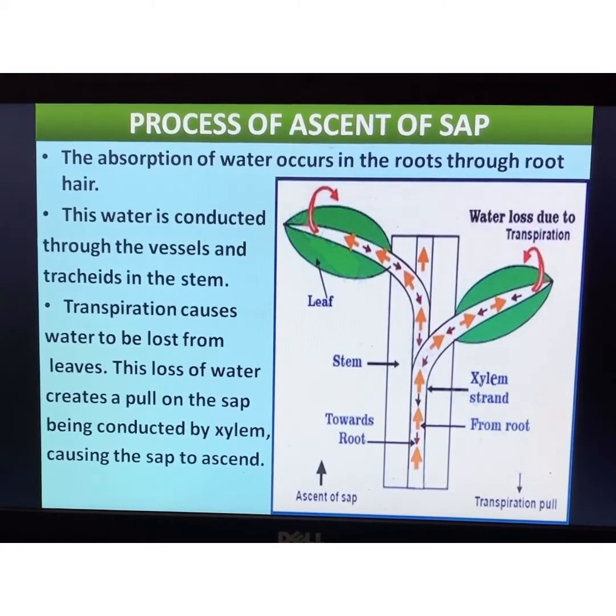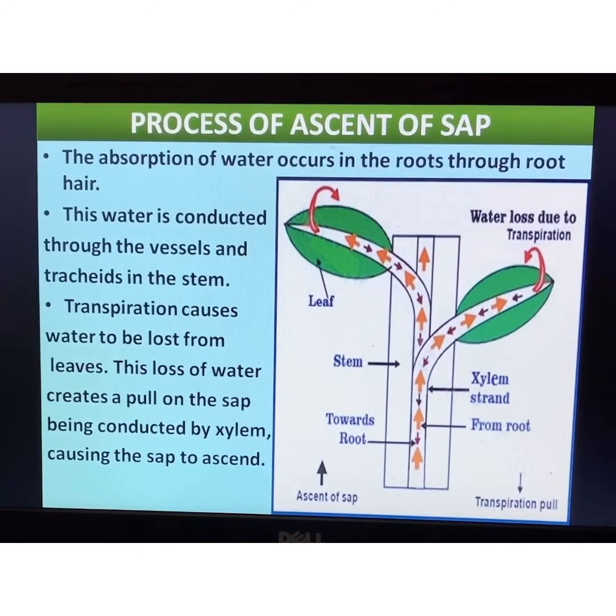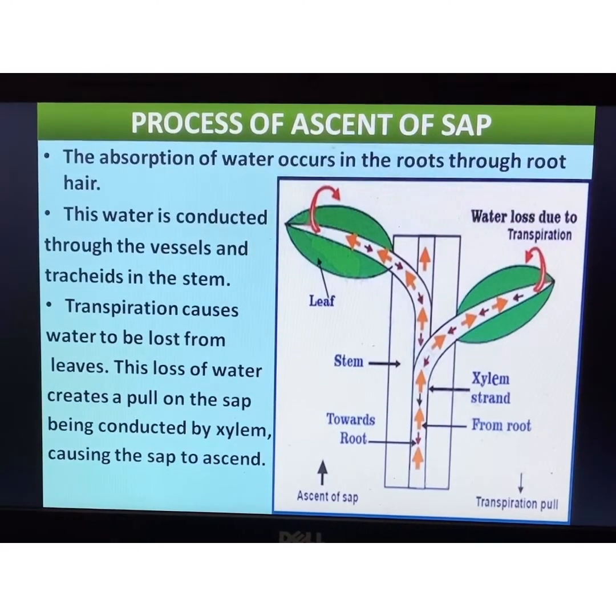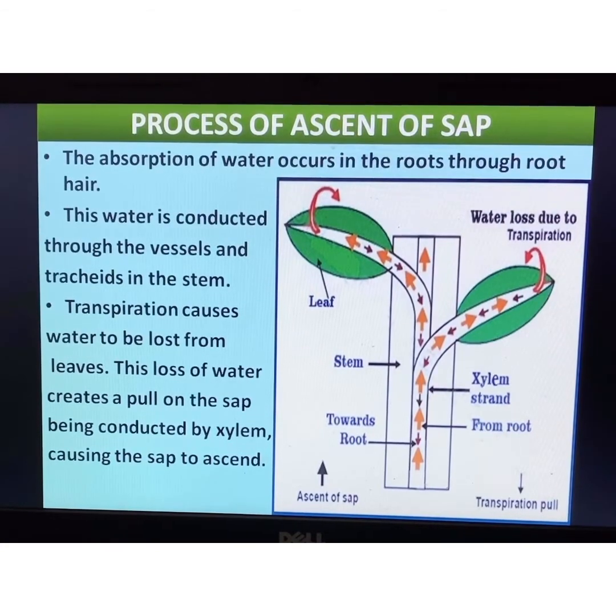Because the minerals are dissolved in water, it is not pure water, it is called sap. So the upward movement of water and other minerals from the roots to other parts of the plant through xylem is called ascent of sap. Clear with this concept? Now let's proceed to see what is transpiration.